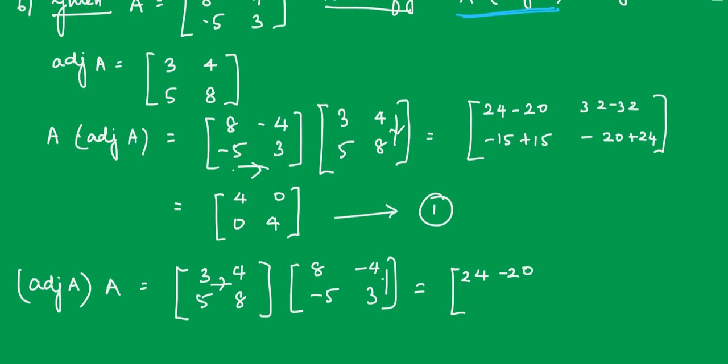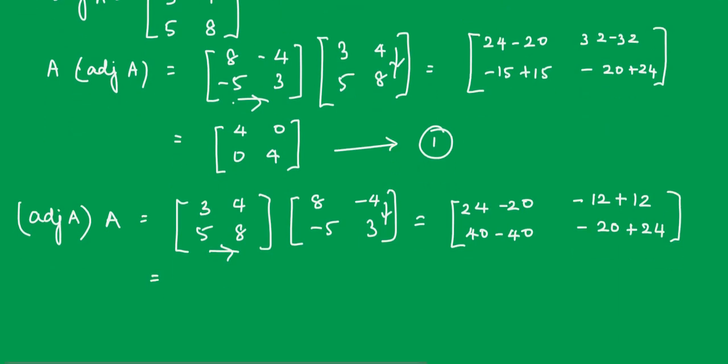Next first row, second column gives us minus 12 plus 12. Next second row, first column gives us 40 minus 40. Second row, second column elements: minus 20 plus 24. Now this is equal to [4, 0; 0, 4]. This is equation number 2.